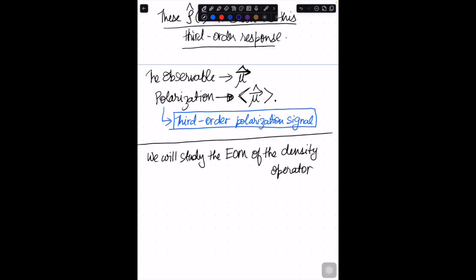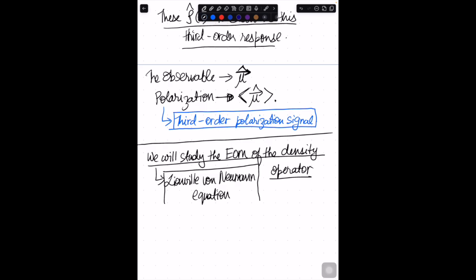Some of you must be familiar with this. This is the Liouville-Von Neumann equation. There is a dash somewhere in his name, I don't exactly recall.